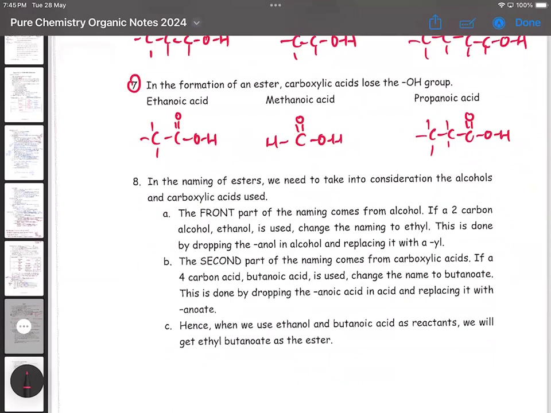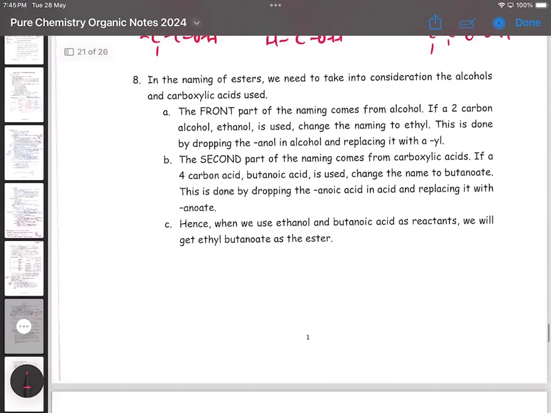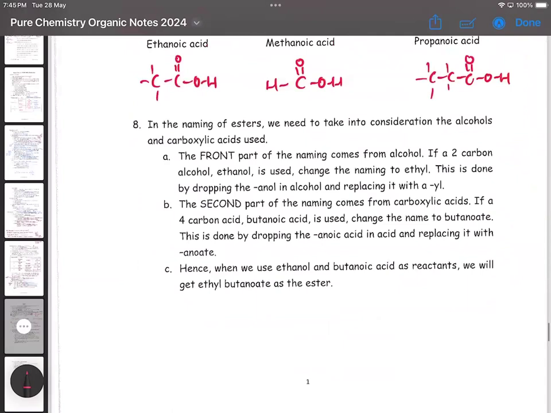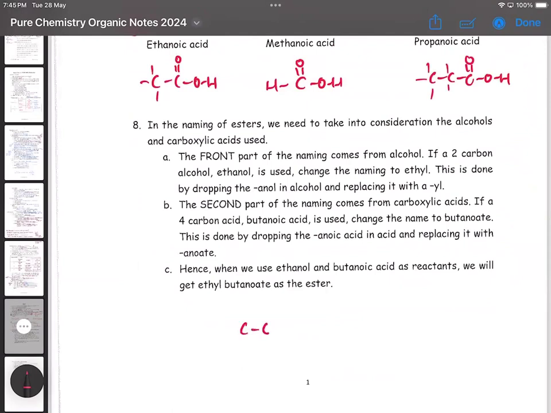So before we do the naming, let's try to get the ester here. So let's talk about ethanol. So to get the structure of the alcohol, butanoic acid, we have four carbon acid.